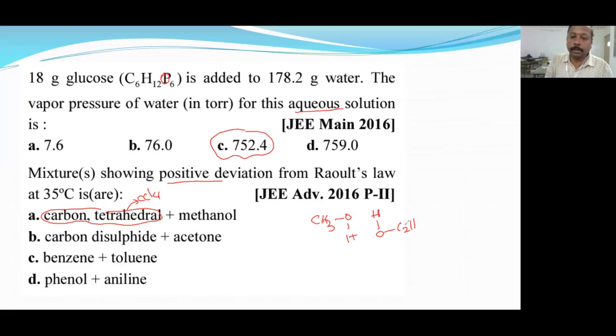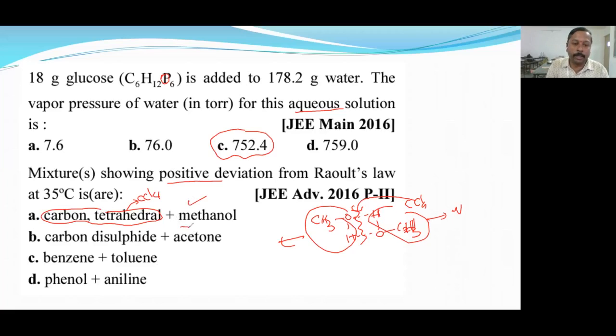When two methanol are there, there will be hydrogen bonding. But when you put carbon tetrachloride, CCl4, then this bond will break. So this molecule will move far away, this molecule will move far away. Volume will increase, so positive deviation. Wherever a hydrogen bond breaks, that will be positive deviation.